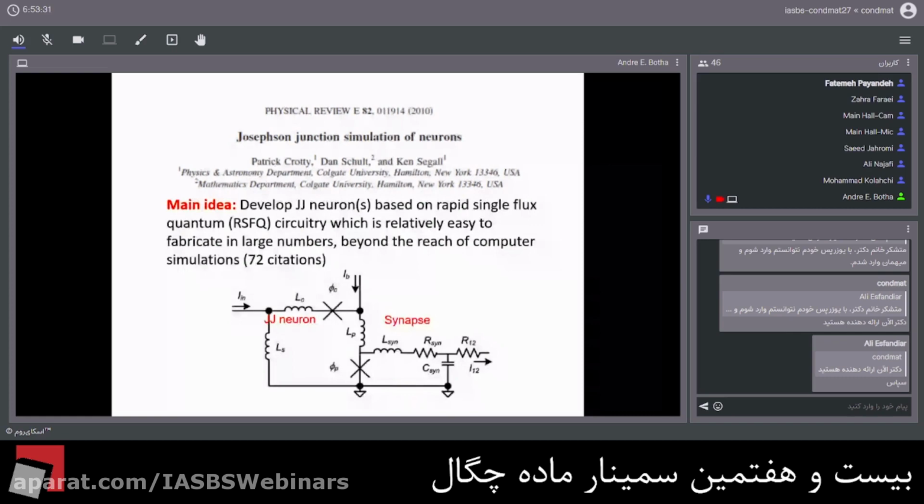So they developed a circuit which is quite similar to what was used before, and the motivation for their work was based on the idea that using Josephson junctions, one would be able to simulate much larger numbers of neurons.